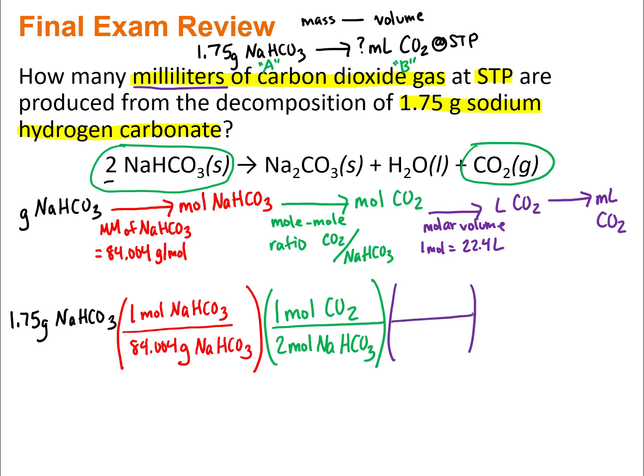From our unit equation, which is here, we need to have a unit factor. We're canceling out the moles of CO2, so 1 mole CO2 should go on the bottom, and the 22.4 liters should go at the top. But that gives us liters, not milliliters.